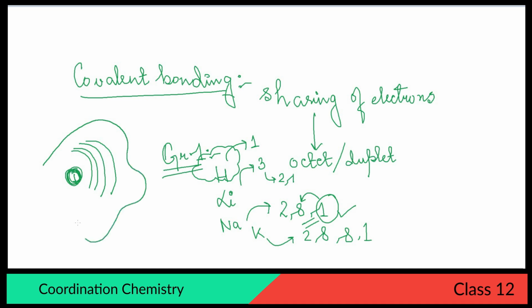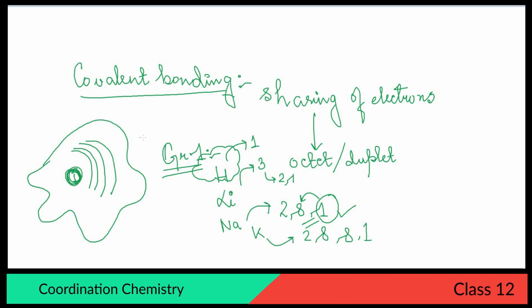Now, such a situation is in technical terms not required. Why do I say not required? Because it again violates the basic rules of stability. Why? Because an atom is electrically neutral, right? An atom is electrically neutral.